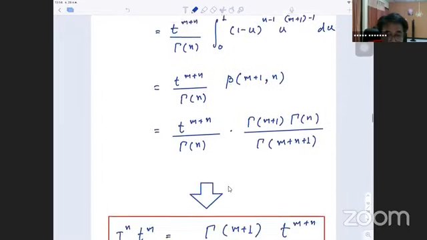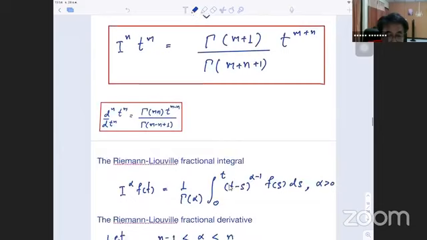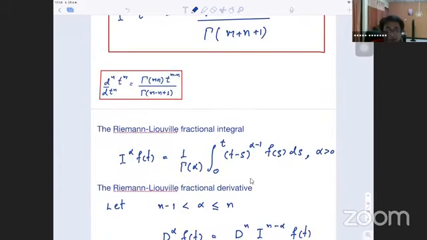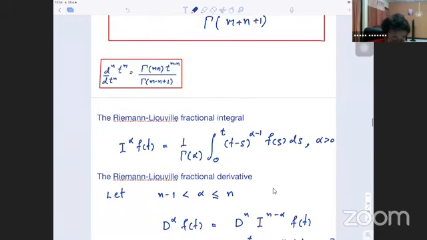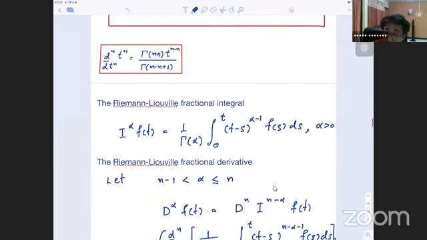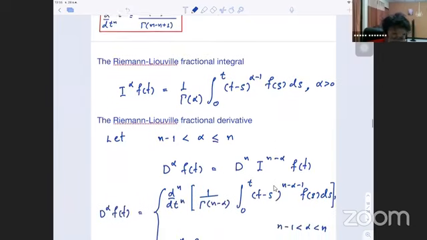Then they define the Riemann-Liouville fractional integral. And in addition, they define the fractional derivative, namely the Riemann-Liouville fractional derivative.